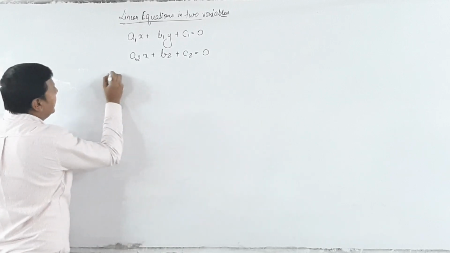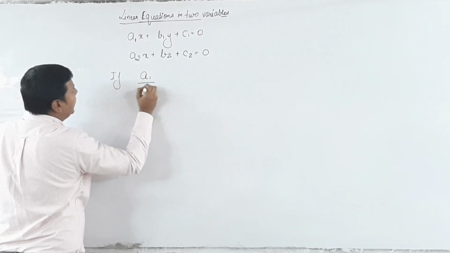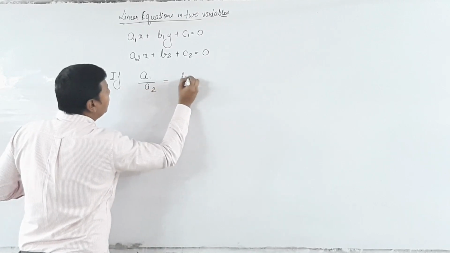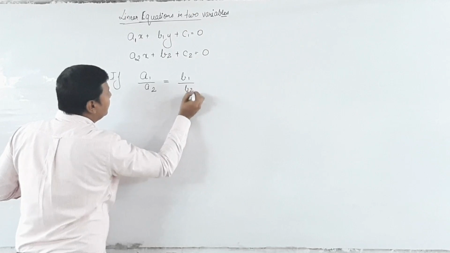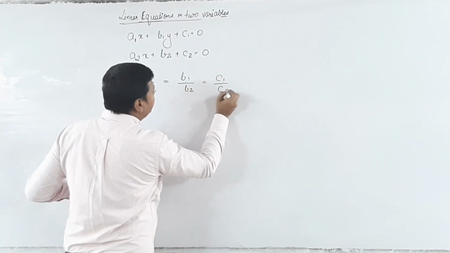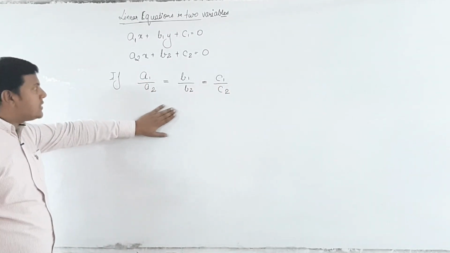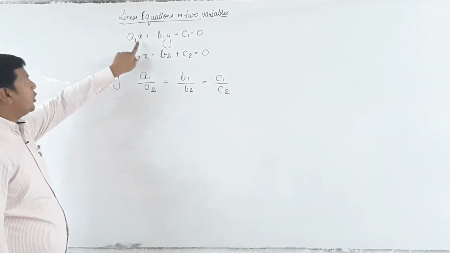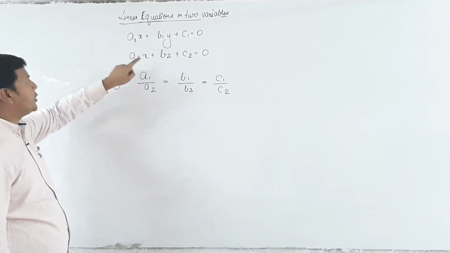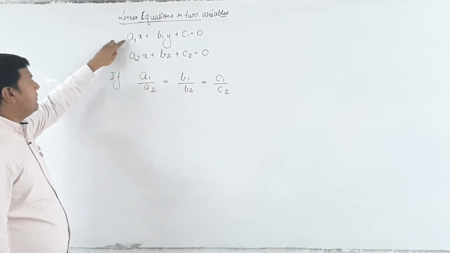Now, if the ratio of a1 by a2 is equal to b1 by b2 is equal to c1 by c2, I mean to say that the coefficient of x in the first equation and the coefficient of x in the second equation are a1 and a2.